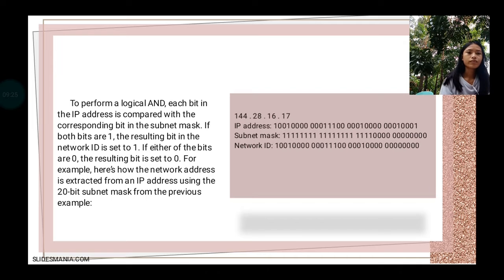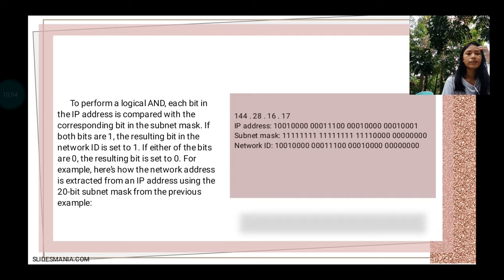Here, we have our IP address 144.28.16.17, which is converted to binary: 10010000 and 00011100 for the 28, and 00010000 for 16, and 00010001 for 17.